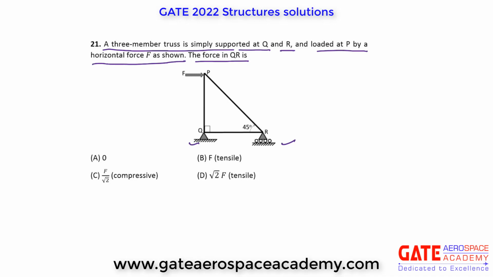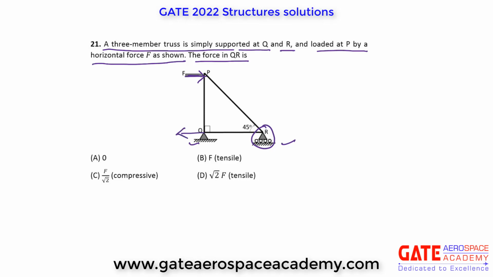So for this question, if you have attended the class and listened to the lecture properly, then you don't need to pick up the pen also to solve this. See, this roller support cannot provide any horizontal reaction, and we are applying horizontal force F here, right? So the complete reaction will be offered by support Q, that will be opposite to the applied force, like this F.